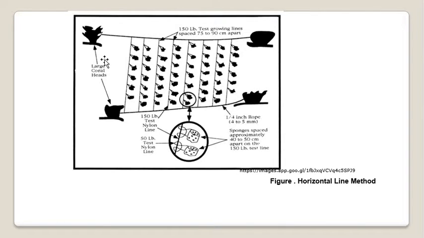Now here you can see the raft, bamboo strings are attached to the nearby floating, or you can say nearby steady object, and to this bamboo raft or bamboo frame, horizontal bamboos or horizontal strings are attached, and to those horizontal strings, small cut pieces of the sponges have been attached with the help of a string again, or we can say some kind of thread.